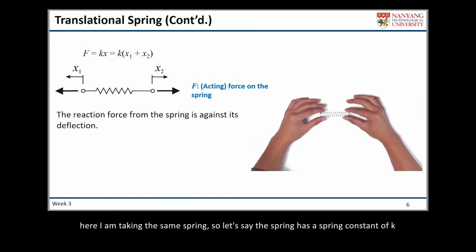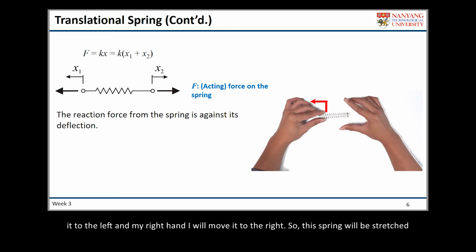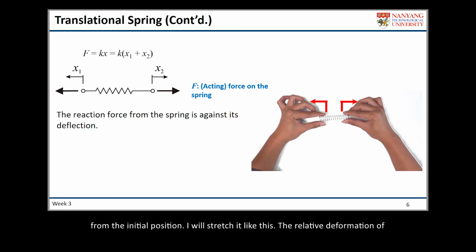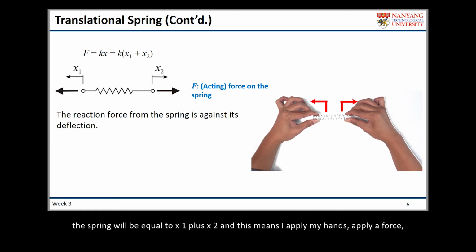Let's say this spring has a spring constant of K, and I'm holding this spring and I will stretch it. My left hand I will move to the left, and my right hand I will move to the right. So this spring will be stretched from the initial position. The relative deformation of the spring, of course, will be equal to x1 plus x2.